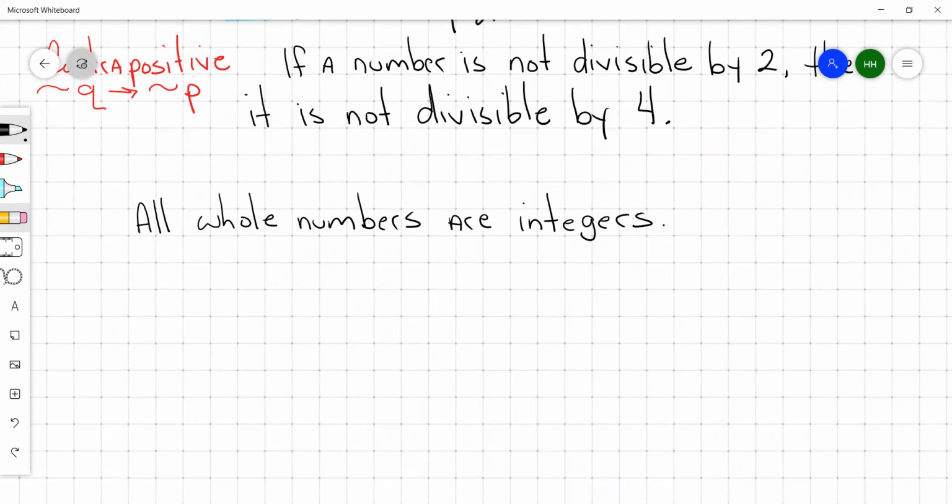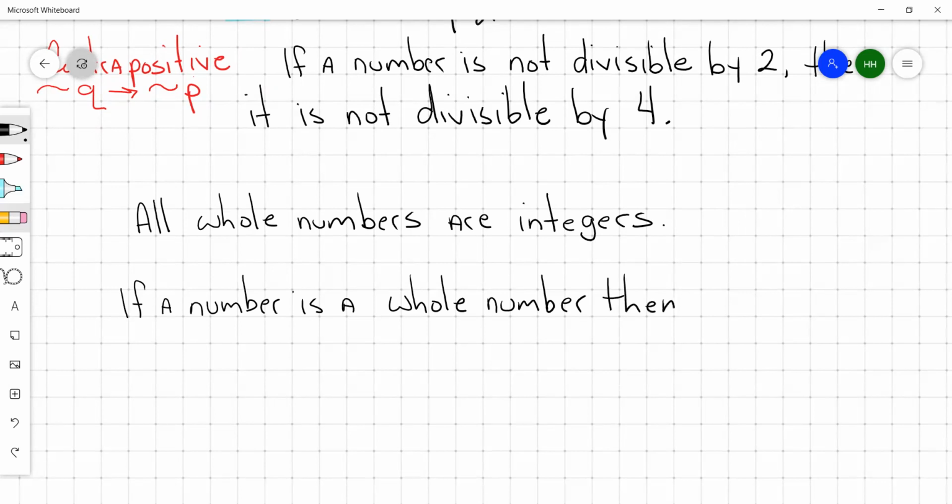There's not a word if and there's not a word then in this statement. So you can understand that in order to write this as a conditional, you would say, if a number is a whole number, then it is an integer.